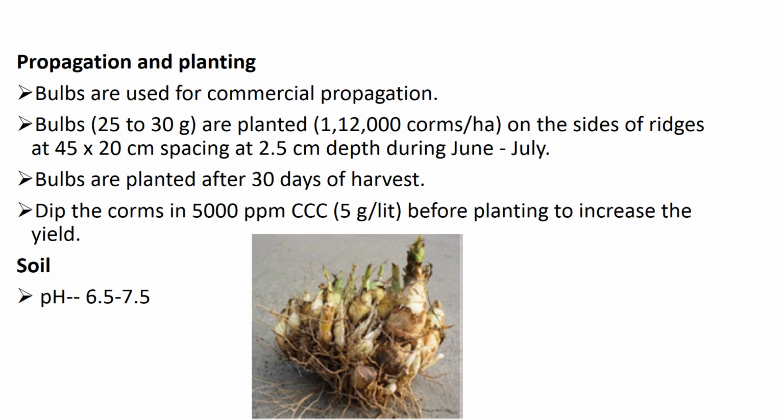Okay, let's compare with the chrysanthemum and anthurium. In case of chrysanthemum, the propagation is through stem cutting. In case of anthurium, it is through other means, like tissue culture, like seed, mainly through suckers.